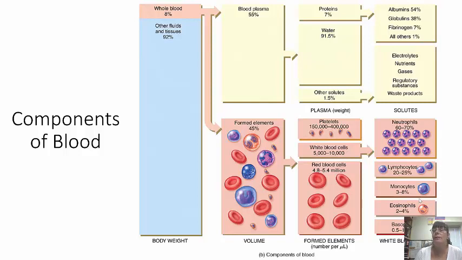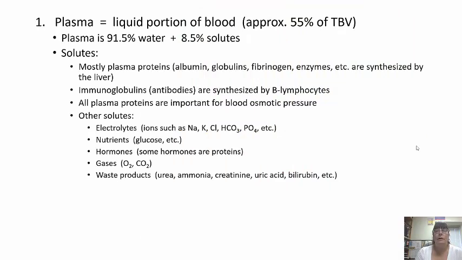In the white blood cells, we have 5 different types, and we're going to talk about those in part 2 of this lecture. But we have neutrophils, lymphocytes, monocytes, and eosinophils. They say never let monkeys eat bananas, and that will help you remember the order from the most numerous to the least numerous.